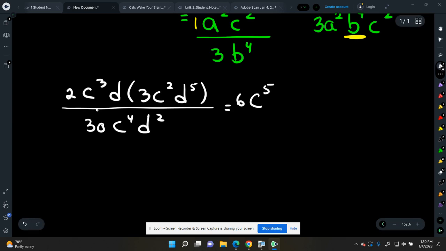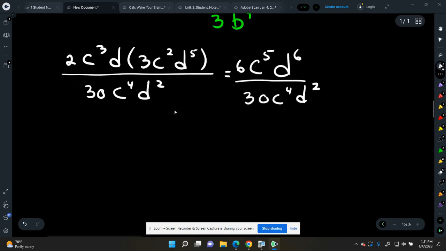Then I have d times d to the fifth, which gives me d to the sixth. Okay? So cleaning up the top first. Now we're ready to separate these. I know it's extra writing and it's tedious, but separating them will help you to keep track of where all the variables are.